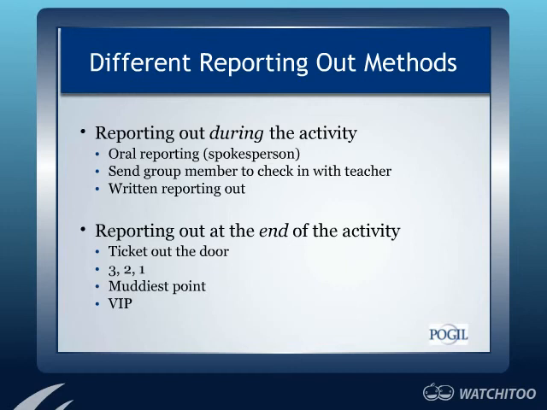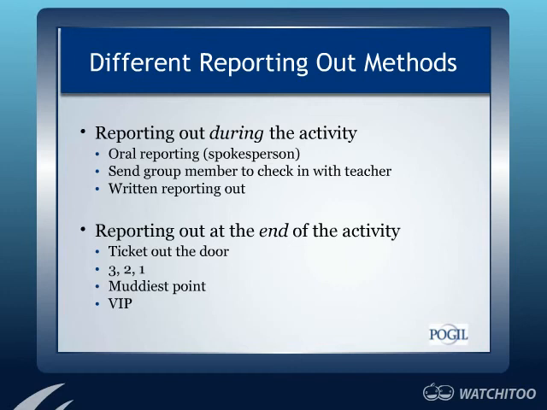There are several different ways to do this, which we'll discuss later this evening, but this could be as simple as having the group write their answer on the board, or something a little more complex and a little varied using some technology. As we will see, what the teacher hears or sees as a result of this reporting out during the activity is going to determine what happens next in the activity.